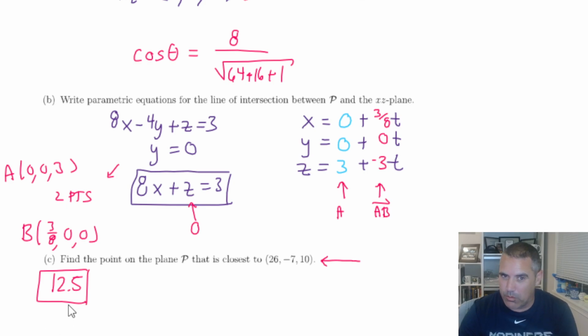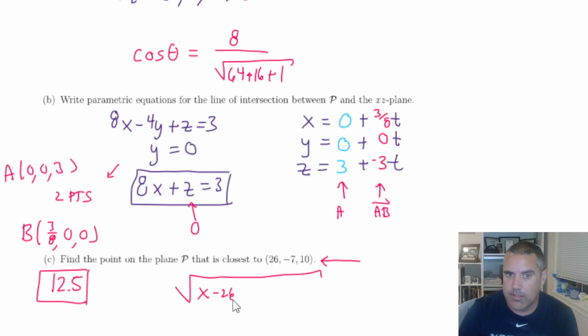So you could look back in 12.5 and say, okay, I'm going to add that to my note sheet. There's a few other things you can do. You could do a minimum distance problem, meaning I want to find something that is closest to 26. So I think I'm going to leave students to sort of review for this piece.